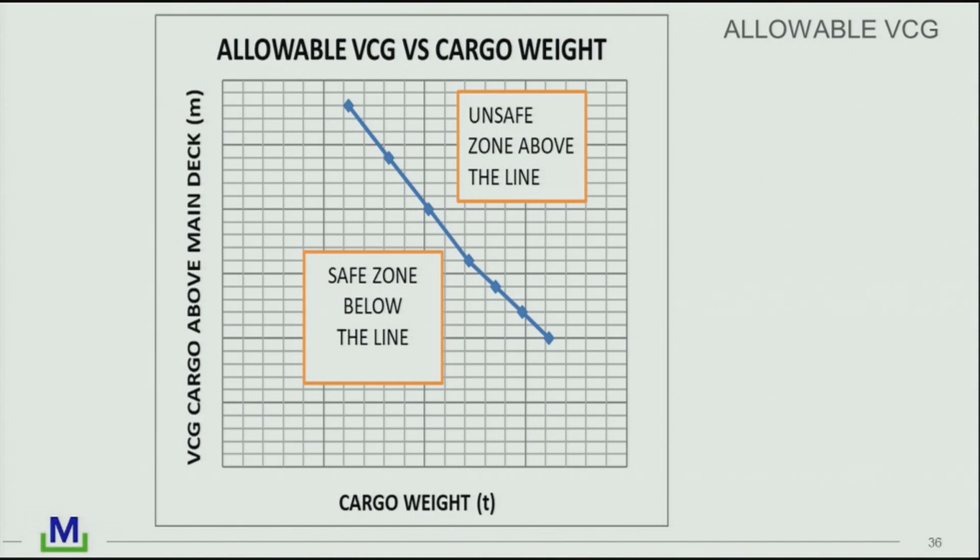What our clients want and what our managers want to know is, in all cases, what is the maximum cargo weight and VCG? In fact, most of our managers don't even want to know about the VCG. So you've got to say, what is the maximum allowable cargo weight? So we produce a simplified VCG curve of cargo and allowable VCG.